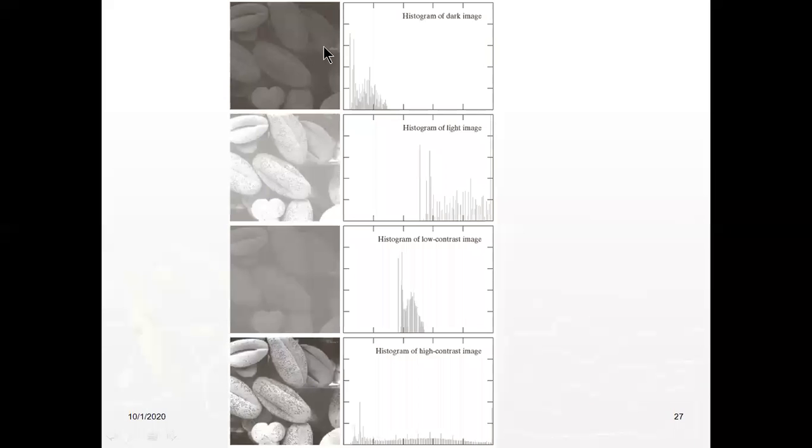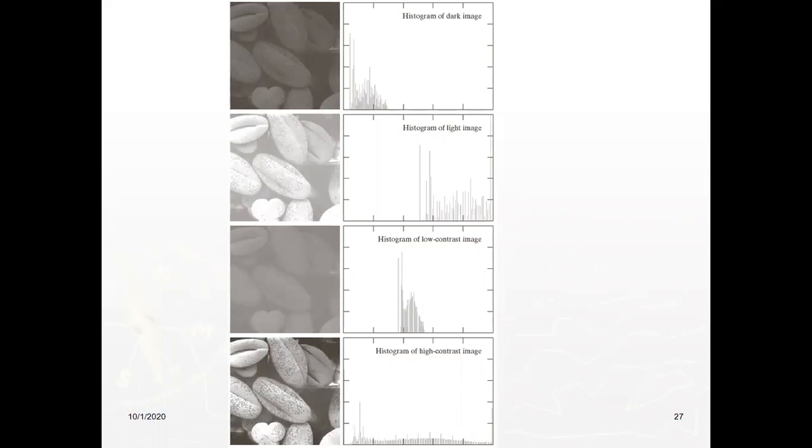This is an image which is more blackish. This is the image which is more whitish. This is the image which is more grayish. And this is the image which has better contrast, with the intensity being distributed over the whole range.